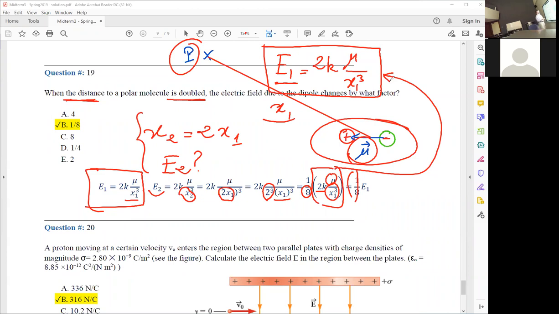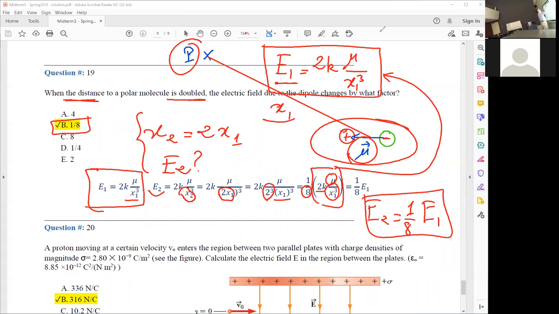So all we end up with is the following: electric field E2 is equal to 1/8 E1. So the factor will be 1 over 8. I hope it's clear to everybody.